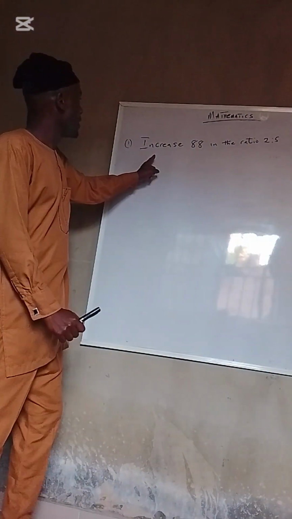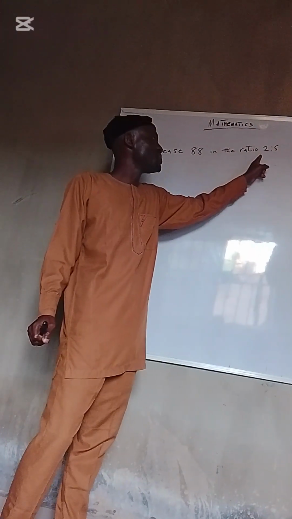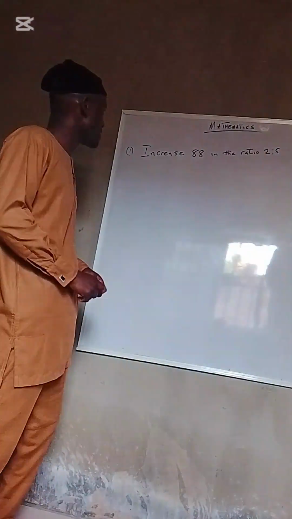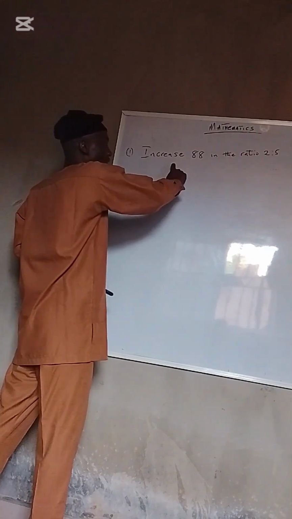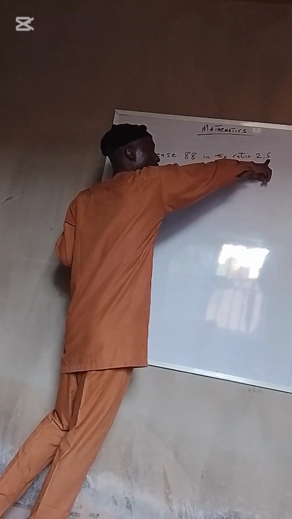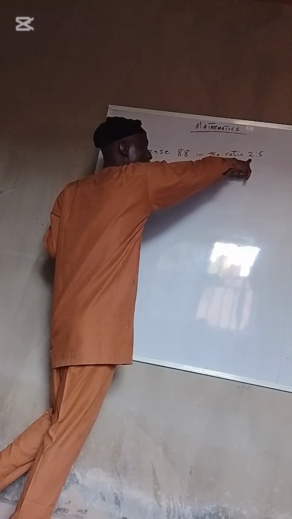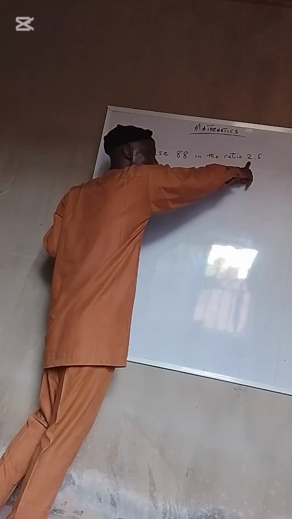Now, anytime they ask you to increase a figure in the ratio like this, what you have to do is apply the highest ratio as your numerator, and make use of the smallest figure as your denominator.